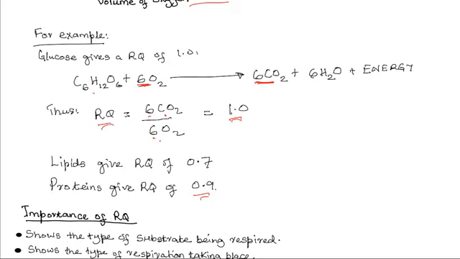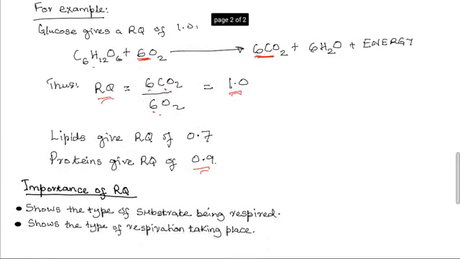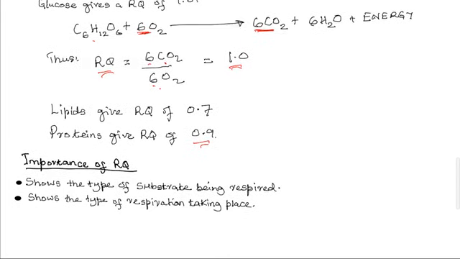Now, why is the calculation of RQ important? Because one, it shows us the type of substrate being respired. From the values you can tell whether it is a carbohydrate, a lipid, or a protein.